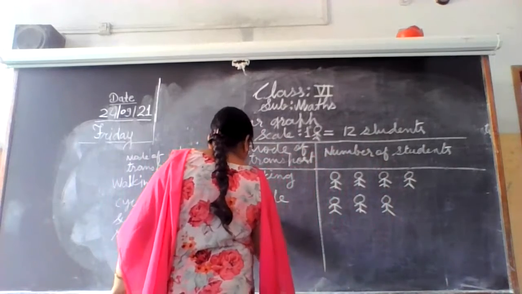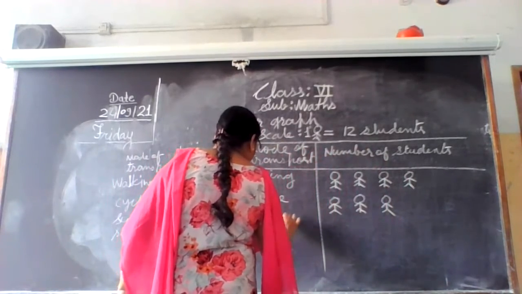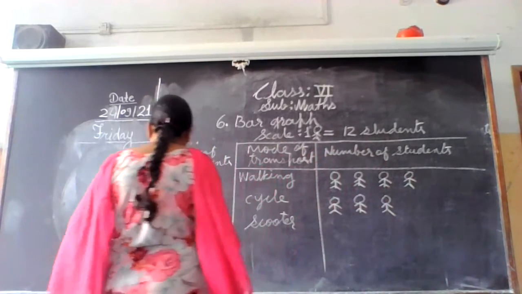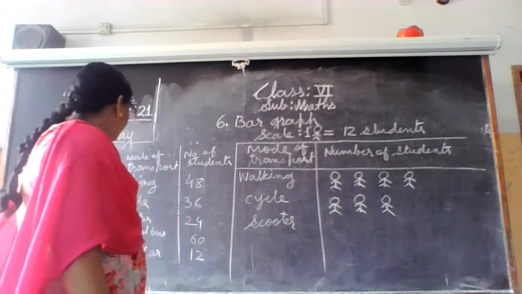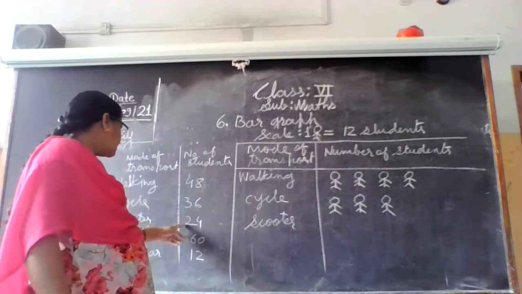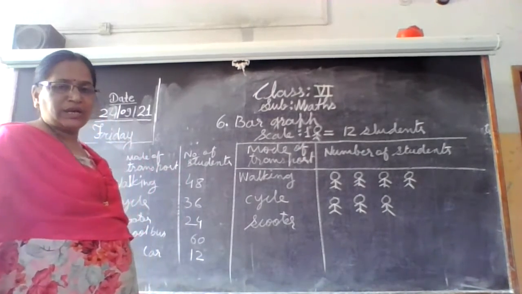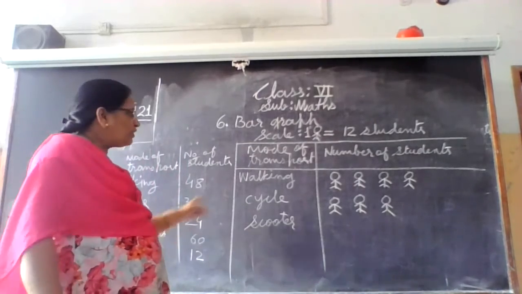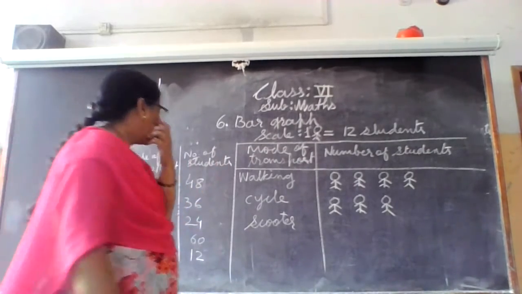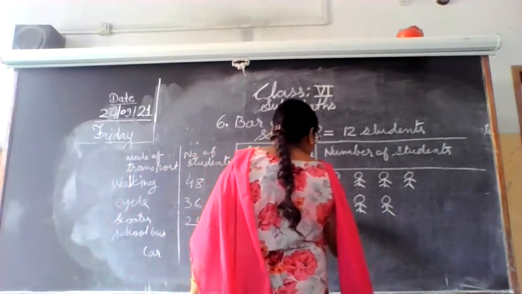Scooter. There are 24 students who come by scooter. So 24 divided by 12 is 2.